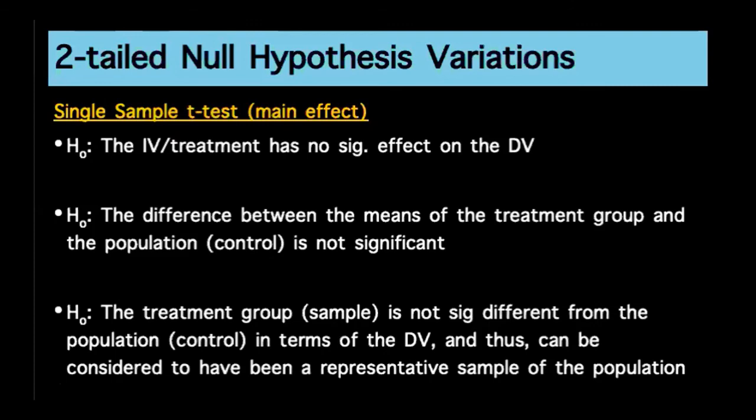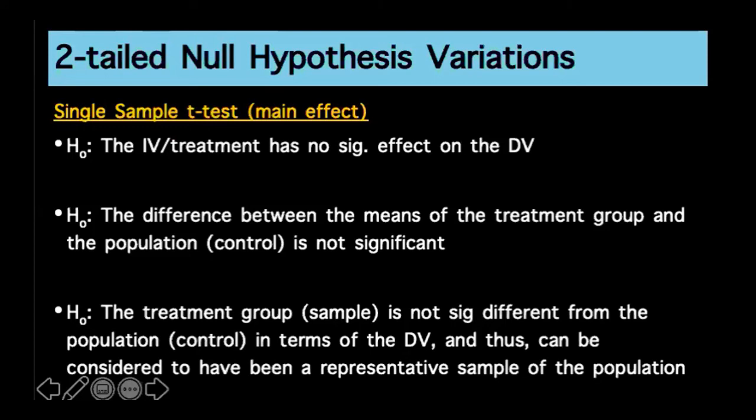We could also infer this as, is the sample representative of the population we were originally comparing it to? So the null hypothesis would say the treatment group or the sample is not significantly different from the population in terms of the dependent variable outcomes. Thus, the sample is representative of the population, or it is drawn from the same control population.